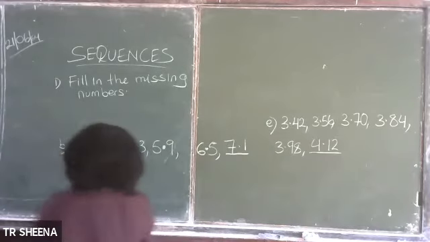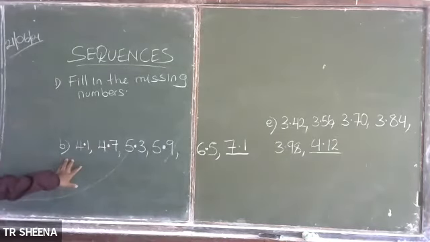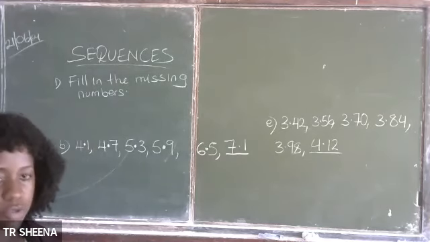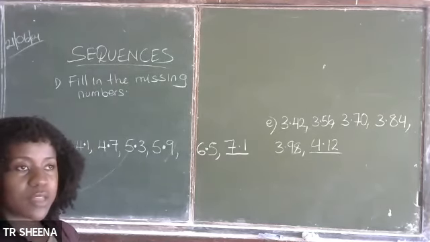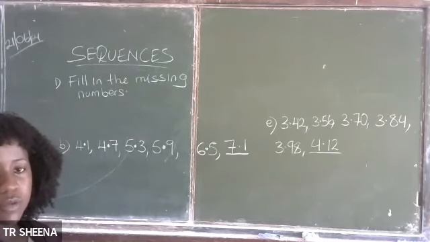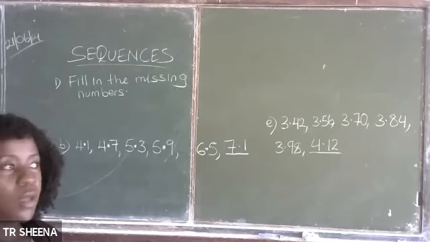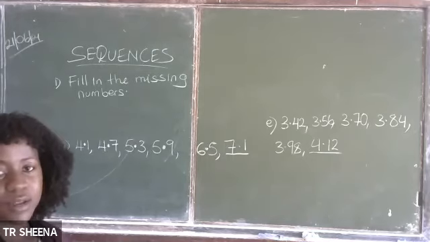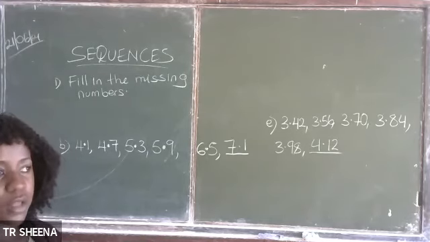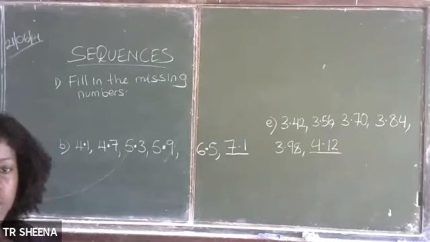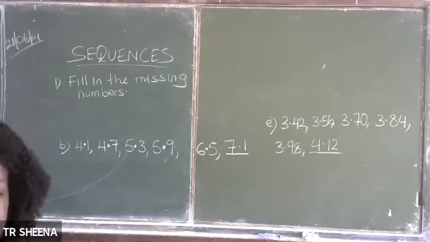So you always ask yourself, okay, sometimes when you do these things of subtraction, addition, you may not see the pattern. If you don't see a pattern when you use addition and subtraction, then you use multiplication and division. So basically it's trial and error.